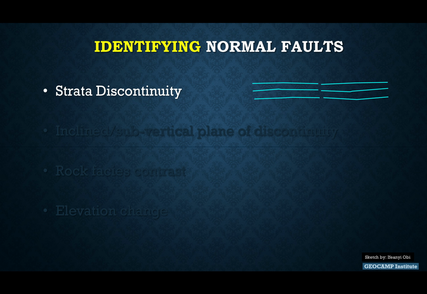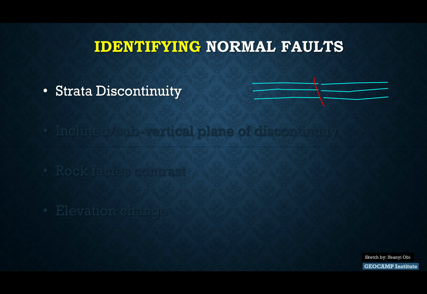A few hints on how to identify Enema Falls. First of all, strata discontinuity. If you have a number of layers such that you can trace one from one end to the other originally, but at the present time you see that they are consistently discontinuous, especially along a vertical to sub-vertical trend, maybe the interpretation will be that you already have a normal fault in this area.